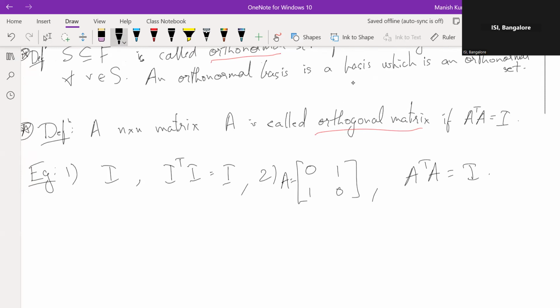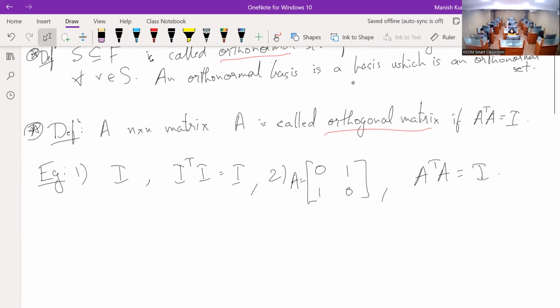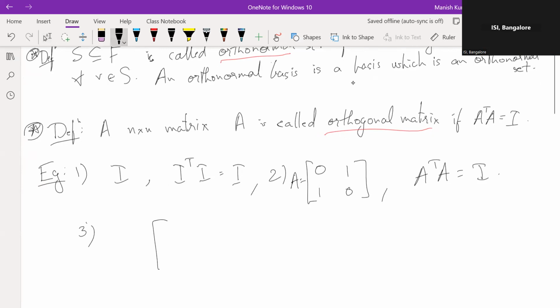Any other example of an orthogonal matrix in 2 by 2? A diagonal matrix. What should be the diagonal entry?